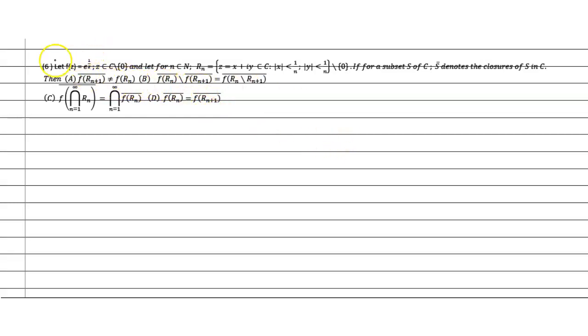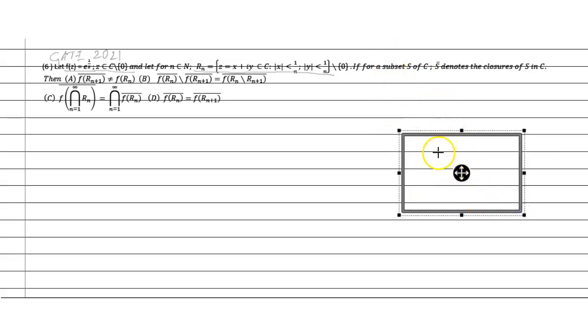This problem is from GATE 2021. f(z) equals e to the power z, z belongs to C minus 0, and Rn is z equals x plus iy. Whatever the case is, this is the first case, and another case is this is the second case.